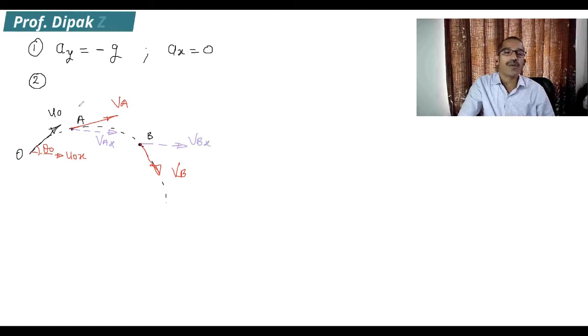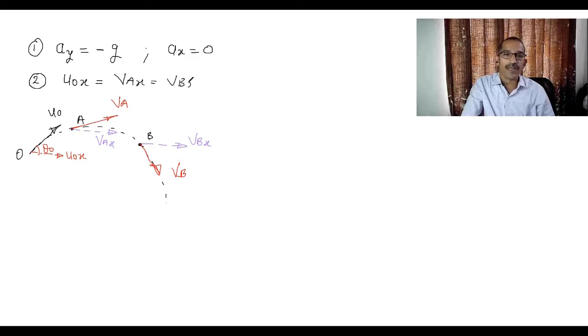As acceleration is 0, this horizontal component of velocity always remains constant. That means u0x equals VAx equals VBx, and so on. At any point on its path, this is a constant.